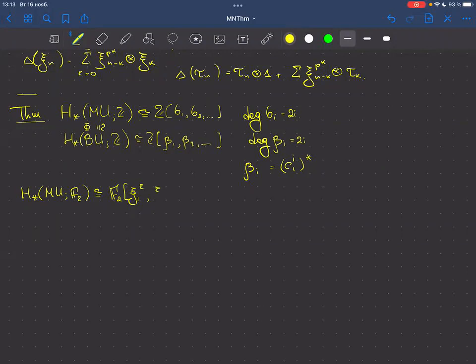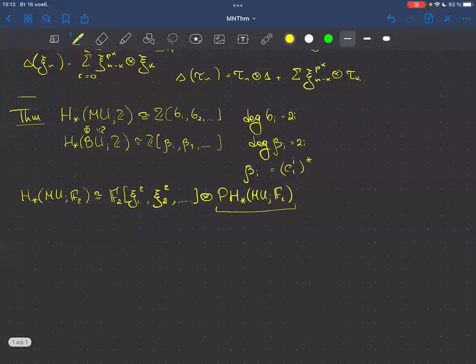Think like this: it is isomorphic to the tensor product of the dual Steenrod algebra part with PH lower star MU with mod 2 coefficients, the sub-algebra of primitive elements, which is isomorphic to F2 polynomial in y_k, where k is greater or equal than 1, and k is not equal to 2 to the power t minus 1.